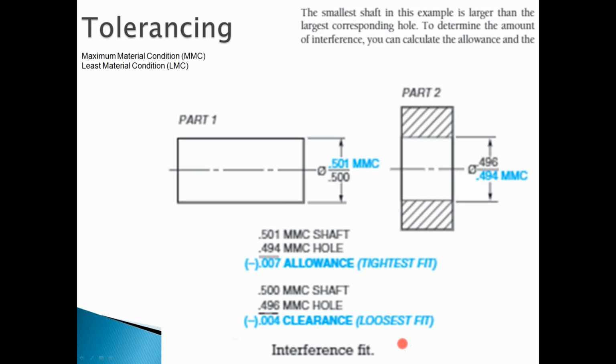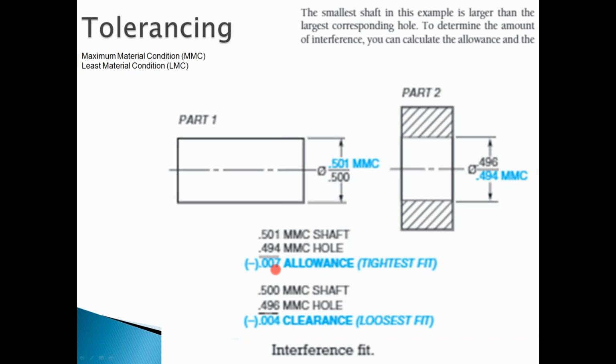So the interference fit is given the 0.501 maximum material condition, and then for the hole you have 0.494, and the allowance, the tightest fit, subtract that, gives you 0.007.